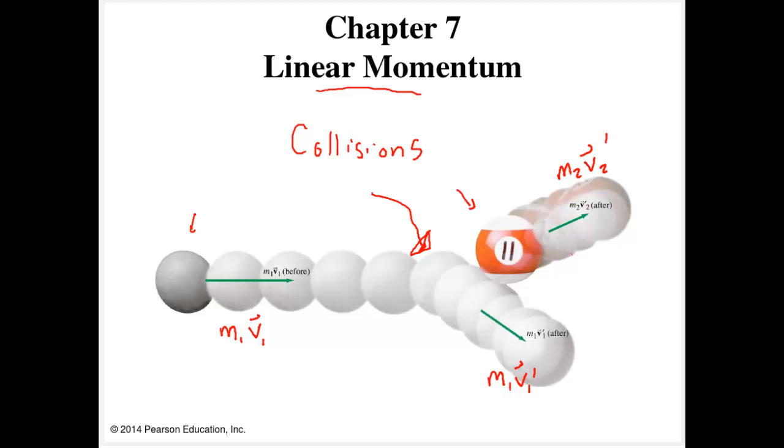Notice that there is a prime on each of these. In this chapter, your book uses the prime to denote after the collision has occurred. Over here we have no prime, so this denotes the velocity of the ball before a collision occurs.